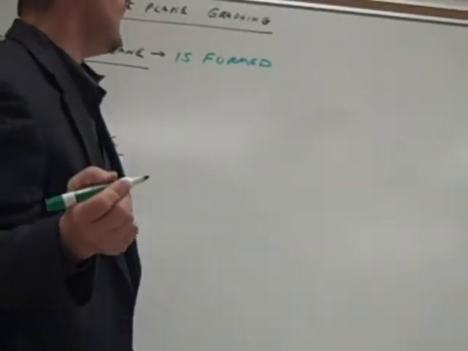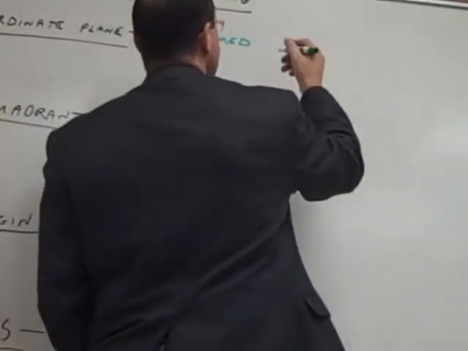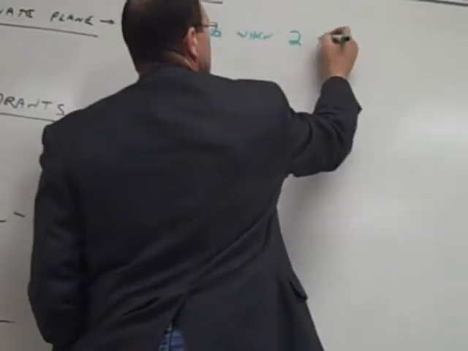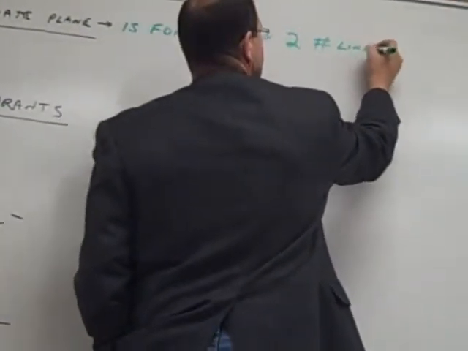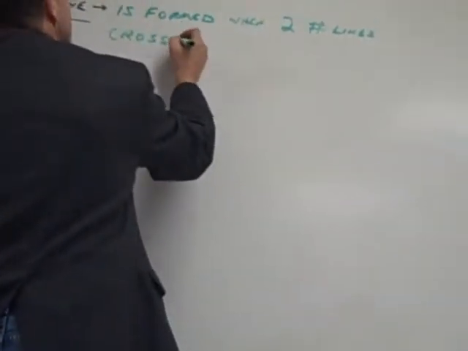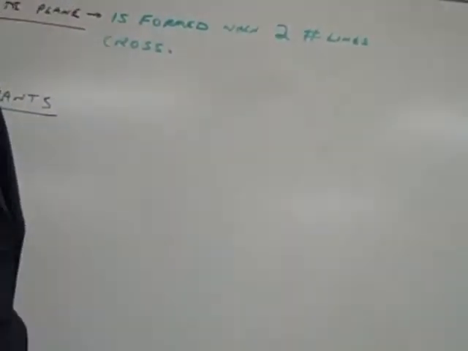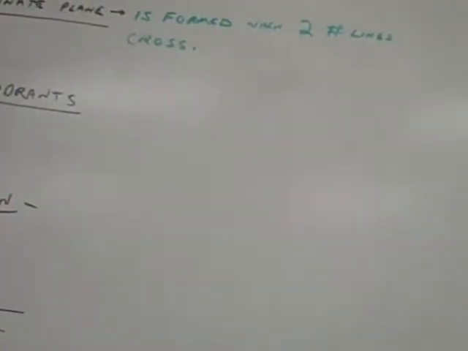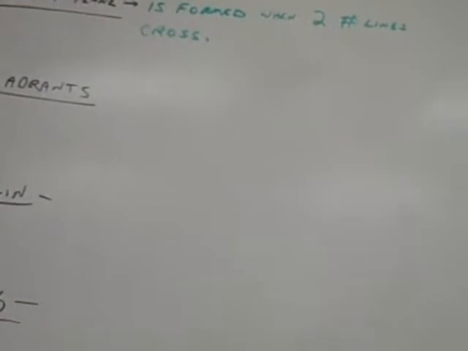A coordinate plane is formed when two number lines cross. Now, if I was a good mathematician, I would say intersect, wouldn't I? Intersect means cross. A coordinate plane is formed when two number lines cross.